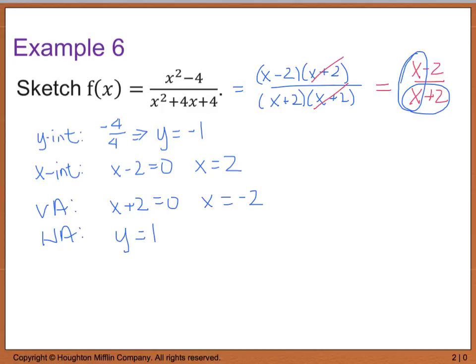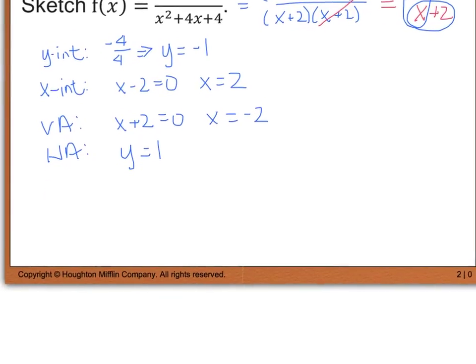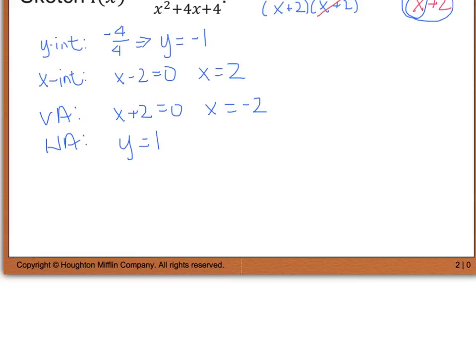And now I'm going to go ahead and set up my table. For my table, I'm going to have test intervals, and my x-intercept I have 2, my vertical asymptote I have negative 2.